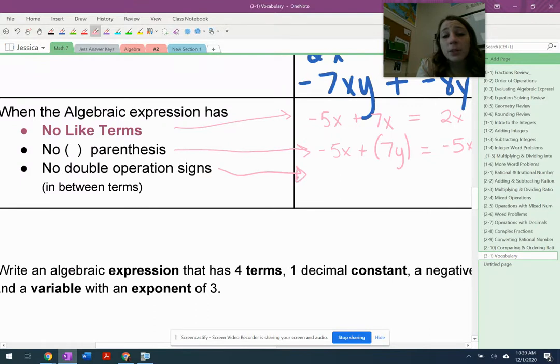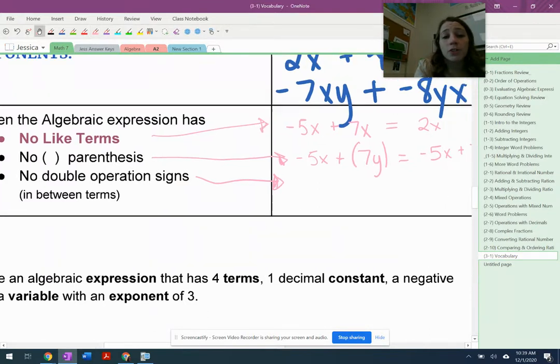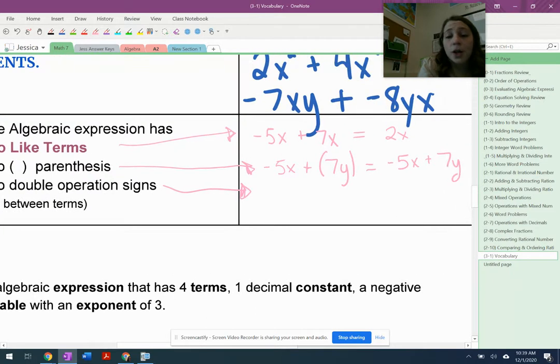And this one is really important because we're really bad at this. No double operation signs in between terms. So, for example, if I have 5x minus negative 8, even though, again, the 5x and the 8 are not like terms and they can't be combined, I can't have those two operation signs.